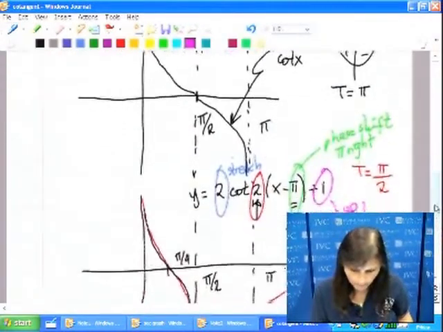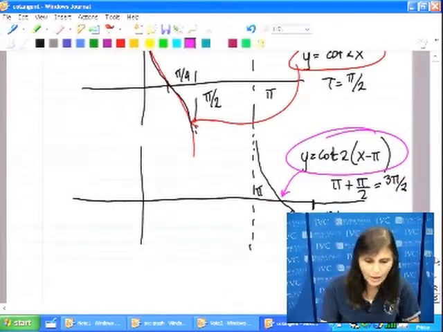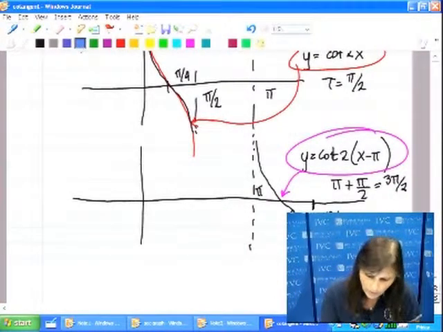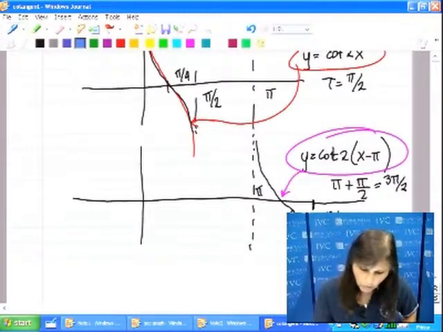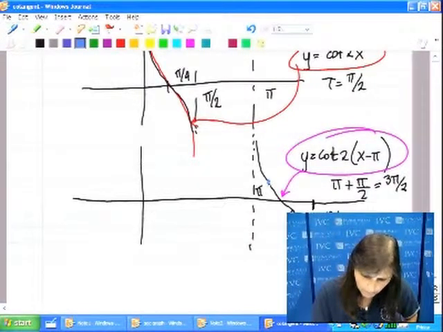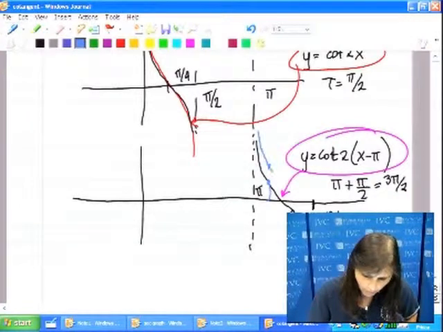What else did I do to it? We multiply it by 2. So let's do that: y equals 2 cotangent of (2x minus pi). It will multiply everything by 2, so it's going to get a little bit steeper.